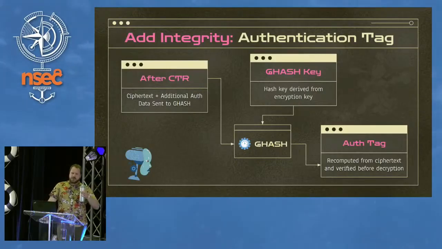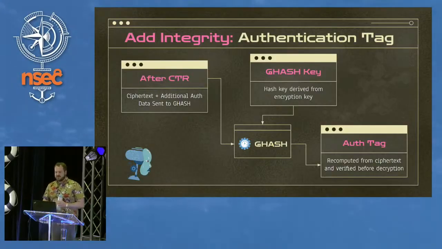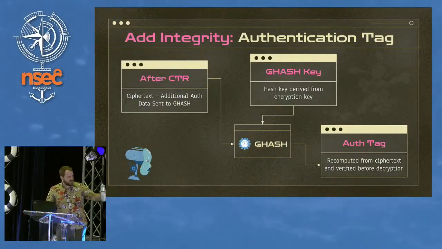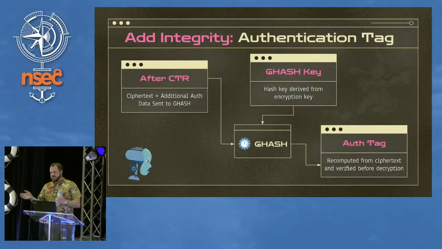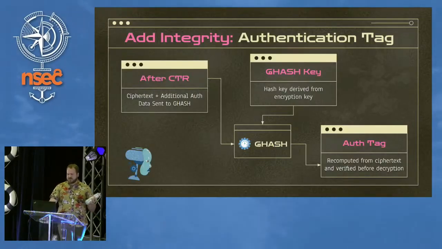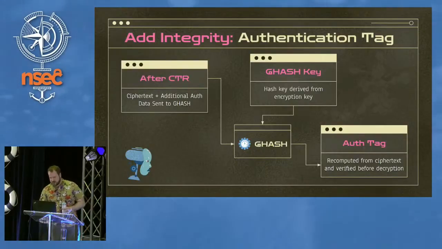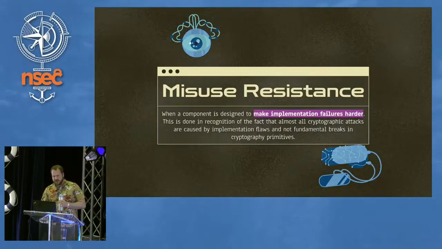This is recomputed from the ciphertext and validated before decryption, so that we can know whether or not the ciphertext was modified. This alone makes it integrity safe. There's an integrity check. It's similar to a CRC32 in a sense that it detects modification. It's just that here we need knowledge of this encryption key to compute that tag.